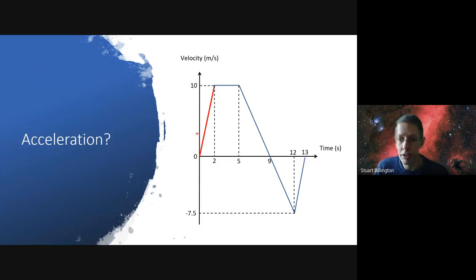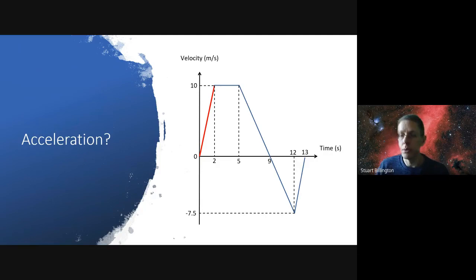Sorry, the change in velocity is 10 divided by the time taken, which is 2. 10 divided by 2 is 5. And then we've divided meters per second by seconds. So your unit is meters per second squared, which you can write as m/s2 if you want to.